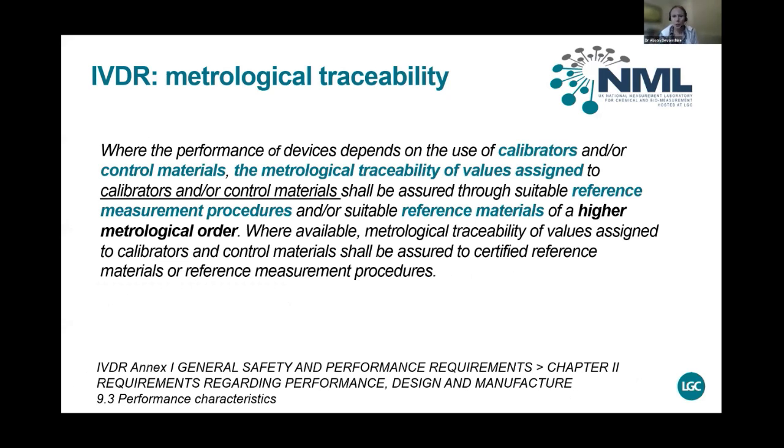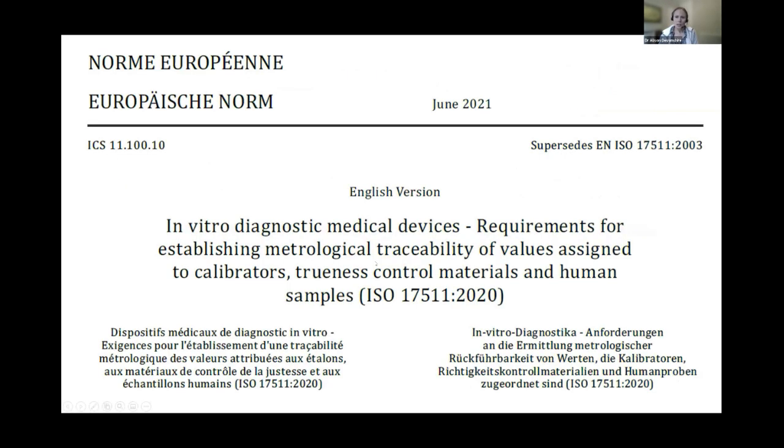So this really underpins the whole stability of the system, so that any batch-to-batch variation in the manufacturer's diagnostic, or comparing different IVDs for the same indication, the same measurement, are actually comparable. And the ISO standard which deals with this subject of metrological traceability for IVDs is ISO 17511, which was revised in 2020.